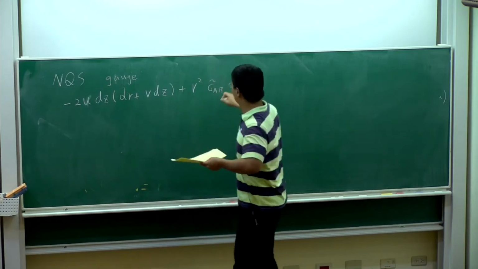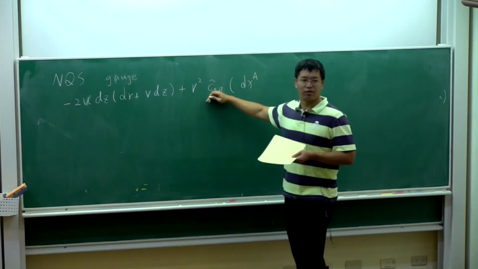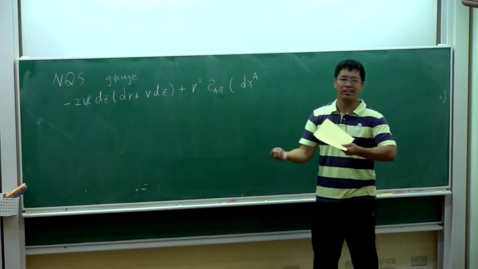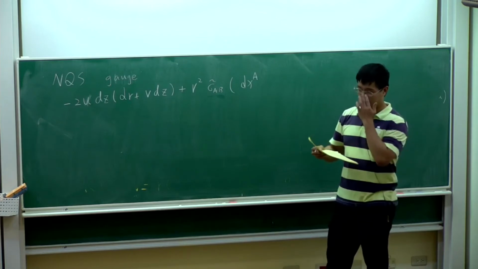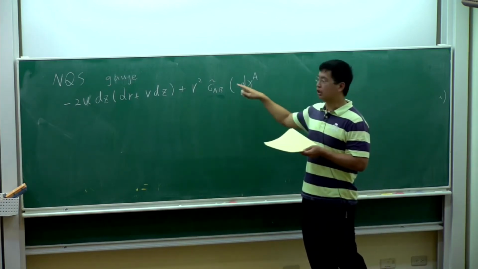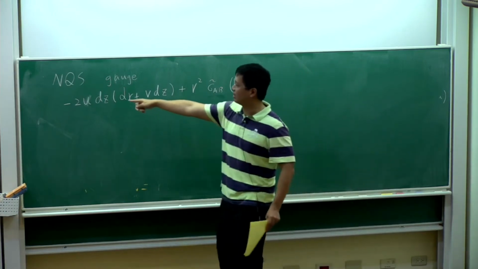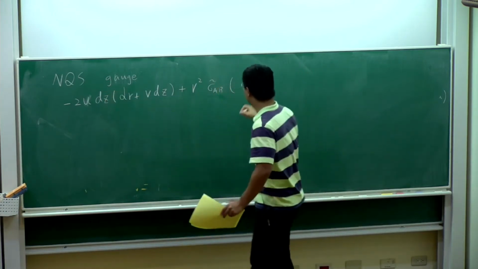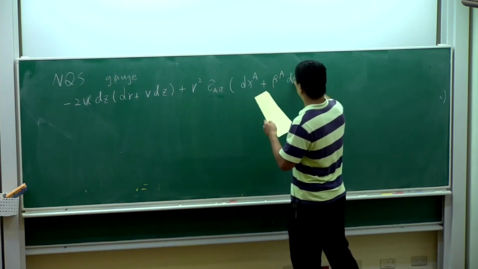But we reduce the degrees of freedom here, so we can no longer require dr to be perpendicular to dx^A, but we still want the null cone, so we still want the complete square here, so that if we set z equal to constant, we get a null hypersurface.